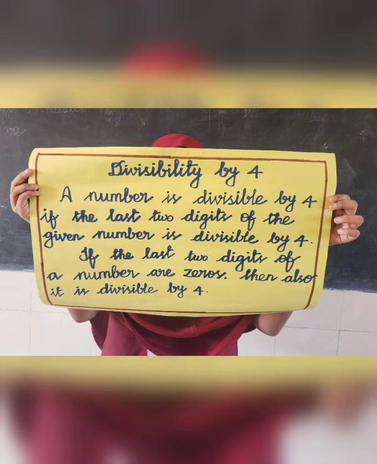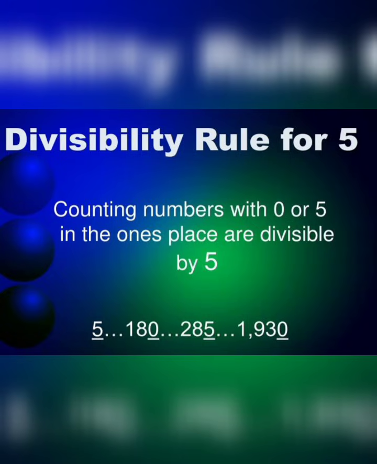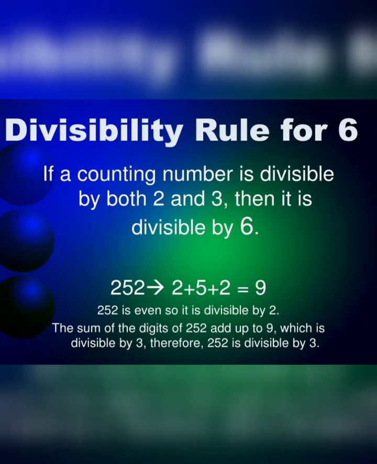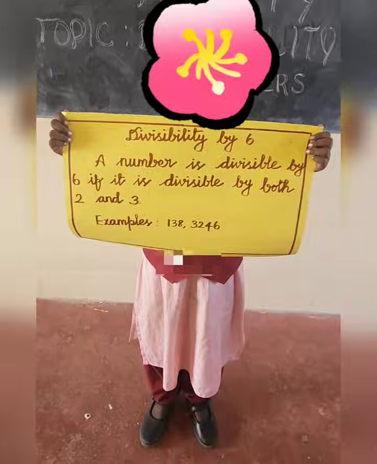Divisibility by 4. A number is divisible by 4 if the last two digits of the given number are divisible by 4. If the last two digits of the given number are zeros, then also it is divisible by 4. Divisibility by 6.